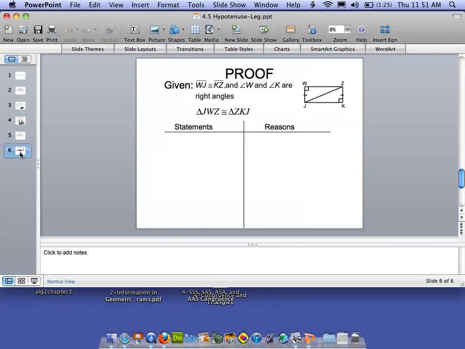And then let's put it to a proof. So here we go. I am told that the side WJ is congruent to the side KZ. That was given to me. And it's already been marked.